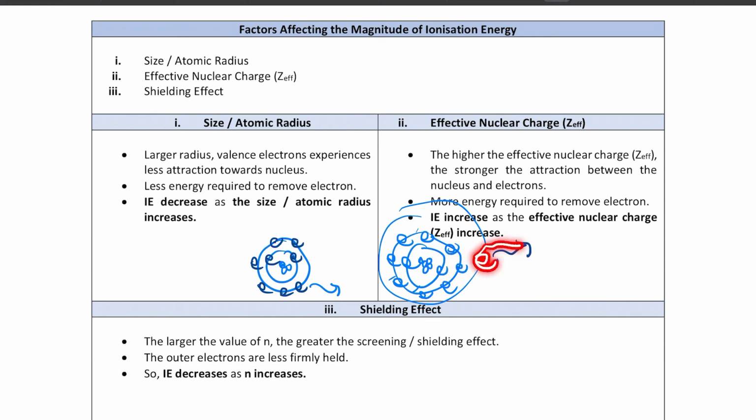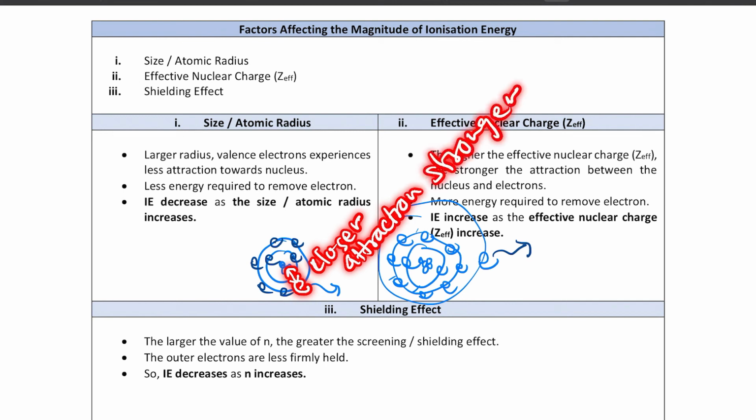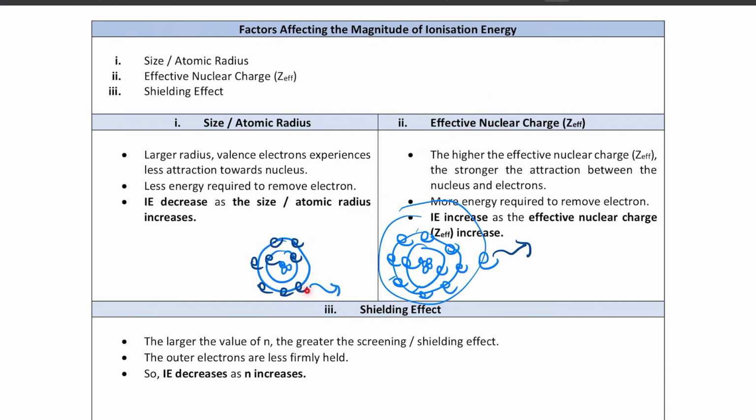Okay, so bila tak kuat, that means senang lah kita nak keluarkan dia. We don't have to put a lot of energy lah. Okay, right. Tapi kalau macam this electron, since dia closer to the nucleus, okay, so bila dia closer to the nucleus, that means the attraction is stronger. So bila attraction strong, that means we need a lot of energy lah to remove this electron here.